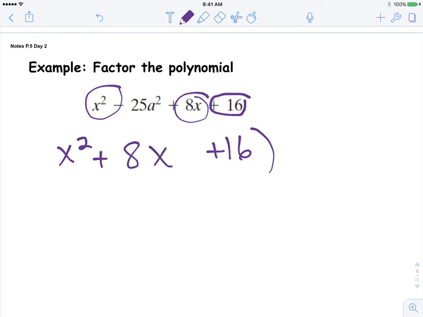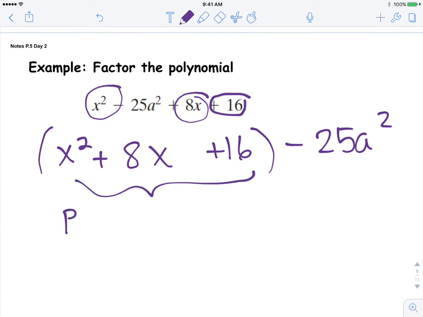Okay, so there's my trinomial, and then minus 25a squared. These three terms make up a perfect square trinomial.